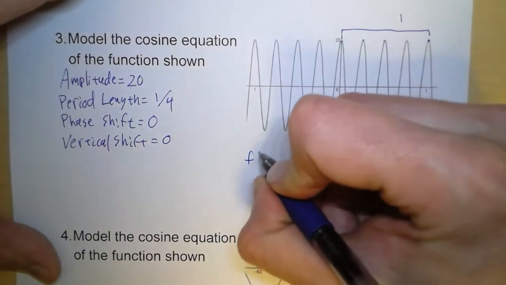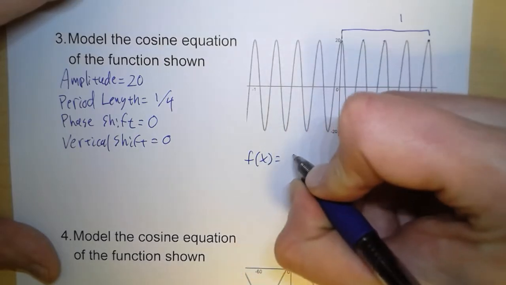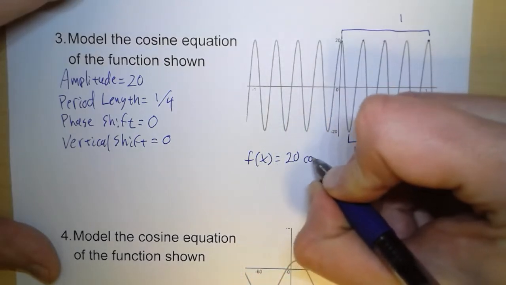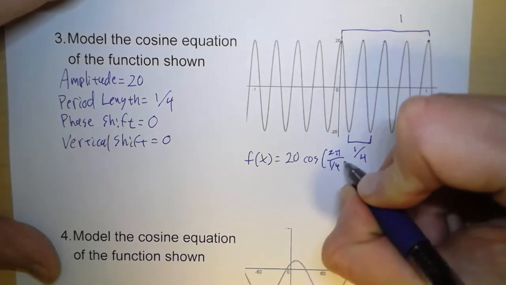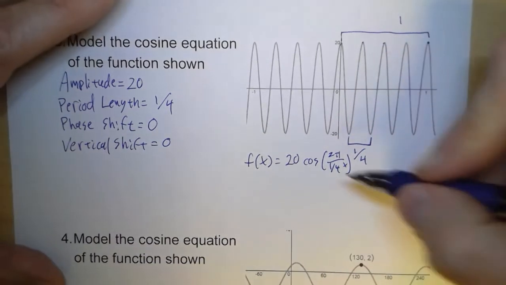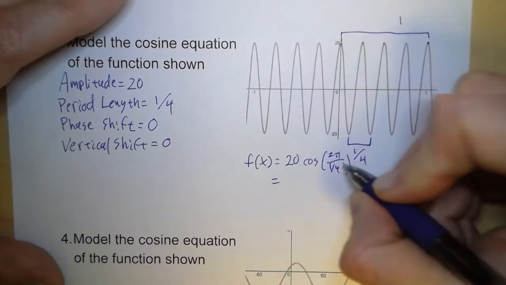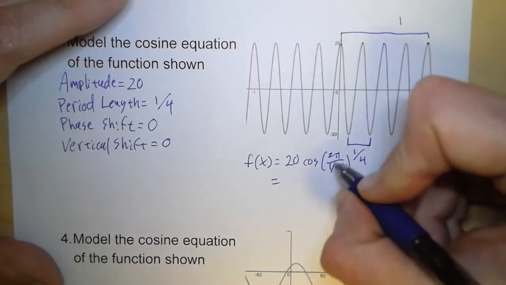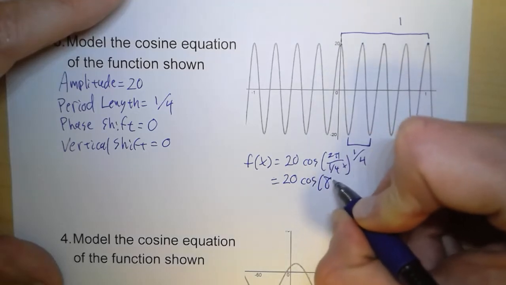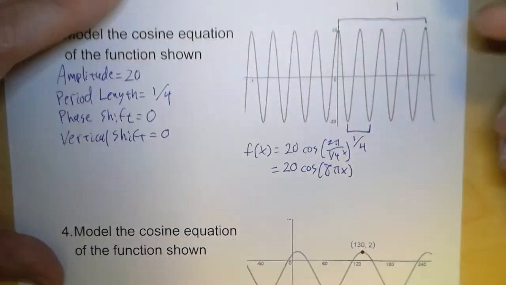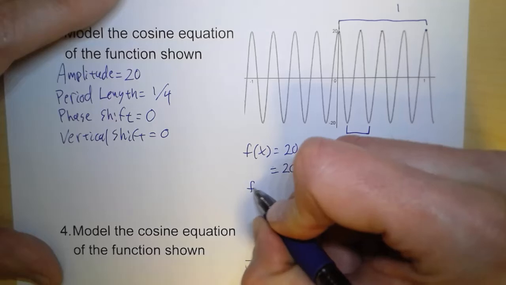So for this function, we have f of x, and that equals 20 cosine of 2 pi over 1/4 x. And we can clean that up a little bit. Instead of dividing by 1/4, let's multiply by 4. So we get 8 pi x. Now that's for radians.